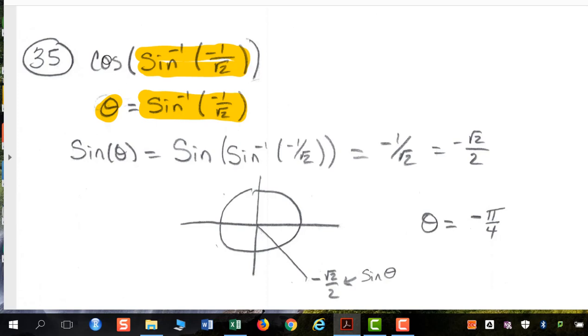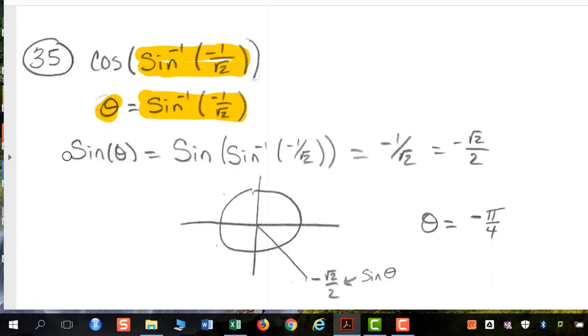So I have cosine of arc sine of -1 over root 2, or cosine of theta, because this is equal to theta. Theta is equal to arc sine of -1 over root 2.